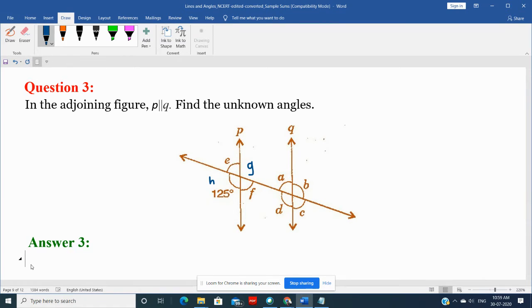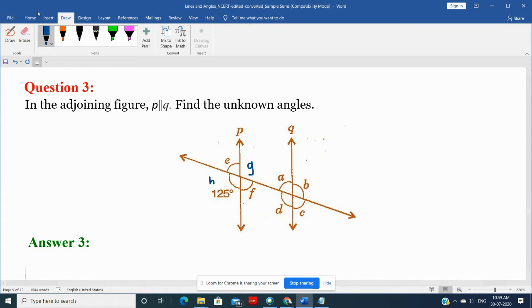So let's start. See, first of all, the question is you have to find out all these unknown angles. See, guys, to deal with such questions, the very first thing, which is very easy, is to find out vertically opposite angles.